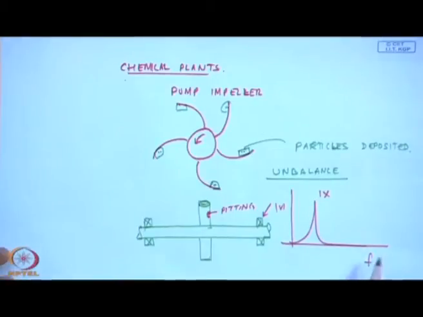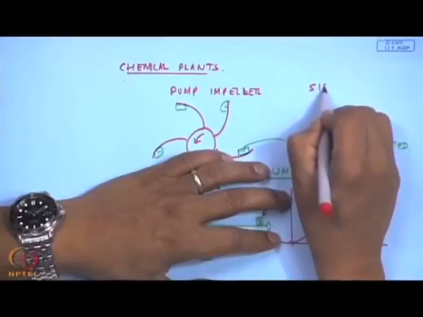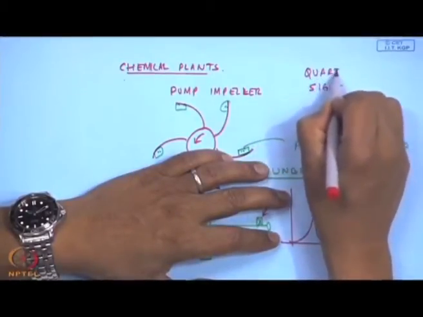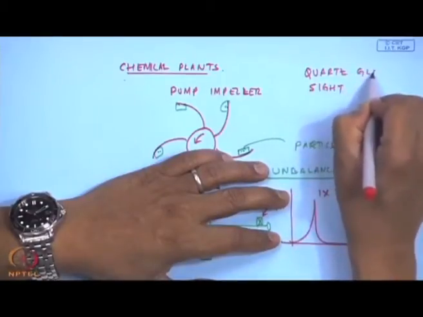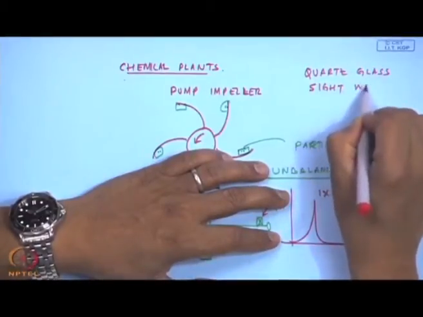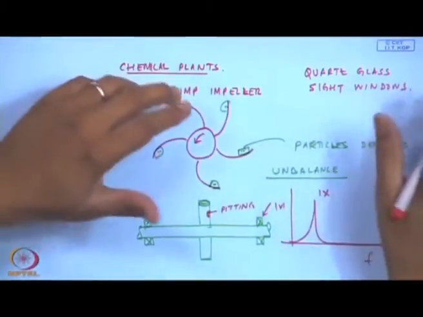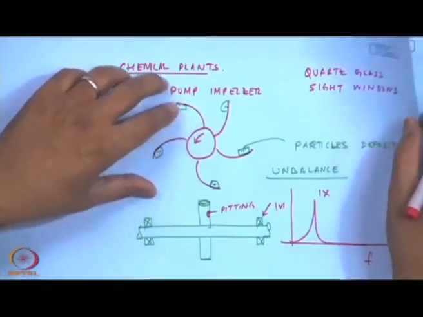So, one will lead to the other, and many times in process plants they go for visual inspection, and particularly in process plants there are a lot of sight windows. Very high pressure quartz glass sight windows are provided in such equipment to visually see from the outside what the condition is.